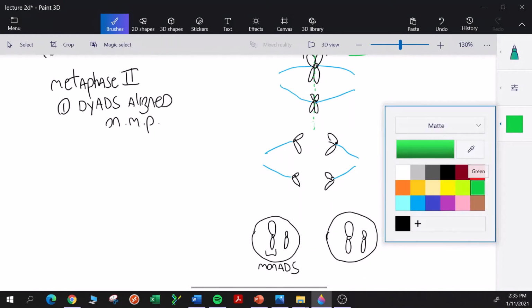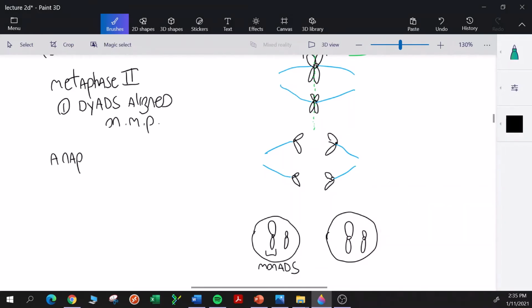How about anaphase II? So during anaphase II, that centromeric cohesin is finally degraded, and that can split the centromeric region of each dyad. So one monad, one chromatid, can go to one pole and the other chromatid can go to the other pole.